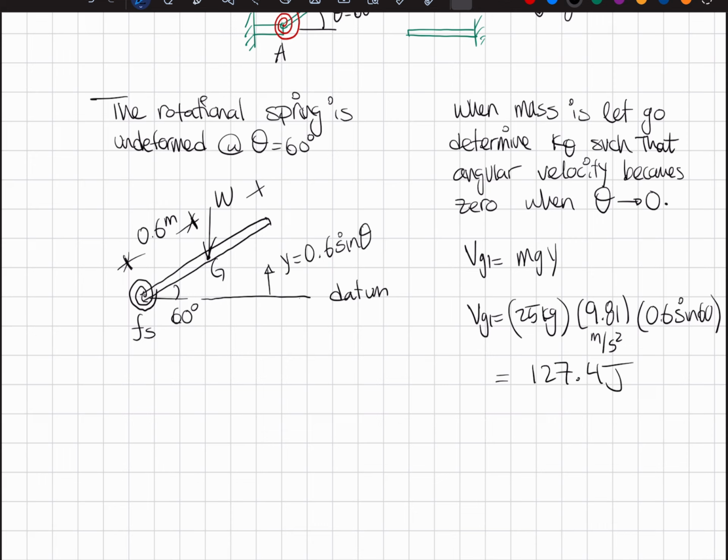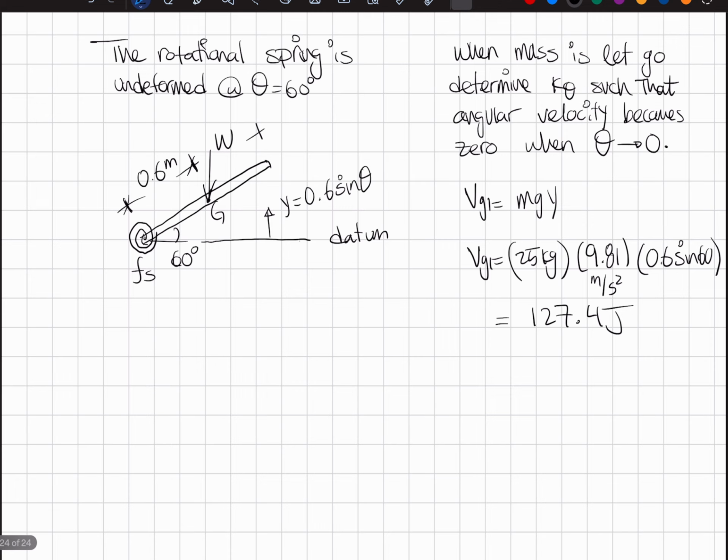So that's how much gravitational potential energy we have that we can consume through this behavior. And of course, when we arrive at the datum, Vg2 should equal 0 joules because that's your datum position. You don't have any gravitational potential energy at the datum. That's a definitional concept.